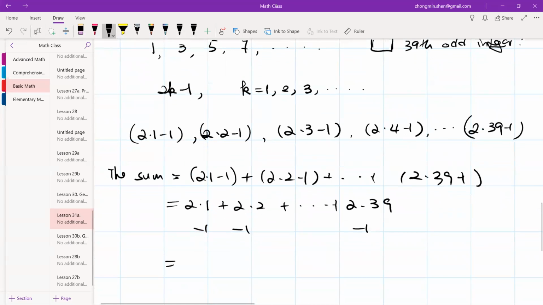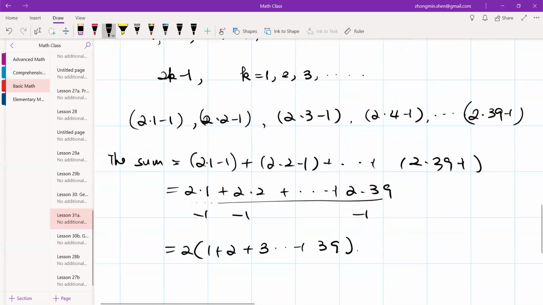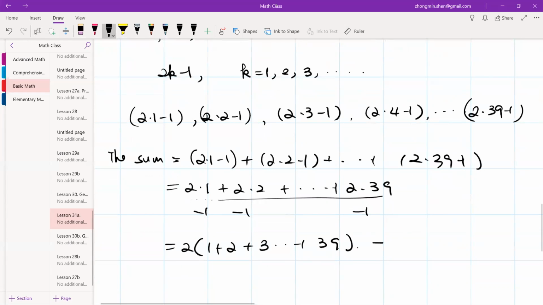You can easily add the first row together, and every number in the first row has a factor of 2. So you take 2 out, and it's 1 plus 2 plus 3 all the way to 39. And then you subtract how many ones? 39 ones. So minus 39.